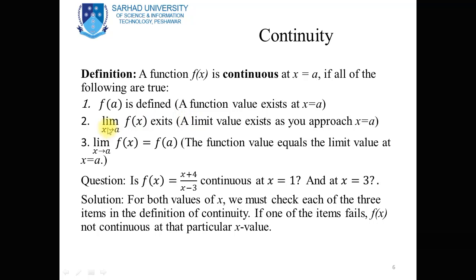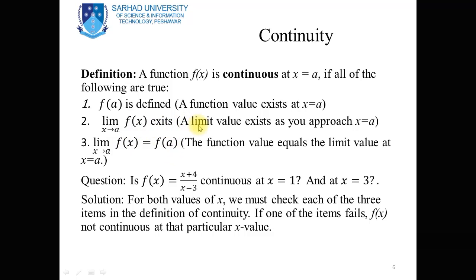And number 2, limit x tends to a f of x exists. It means that a limit value exists as x tends to a. In the third condition, the limit value and the function value will be equal. So these are three conditions for the continuity of a function.